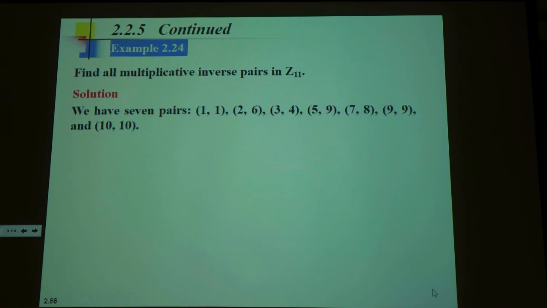So 9 times 9 gives 4, not 1, so it's not a multiplicative inverse. There is some mistake in the slide. Okay, 10 times 10 is 100, modulo 11 is 99 plus 1. That's correct.